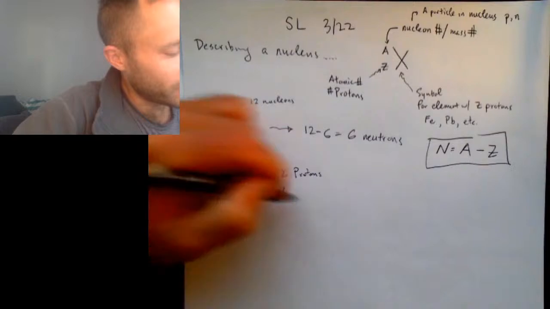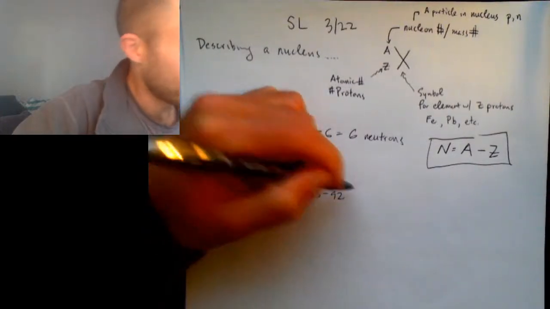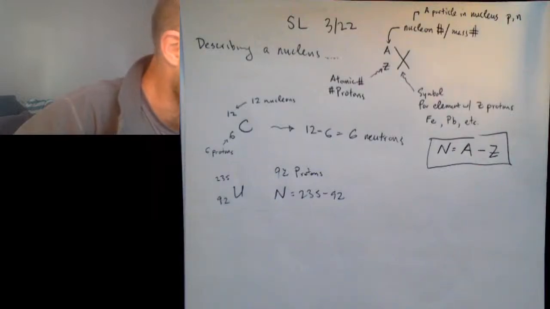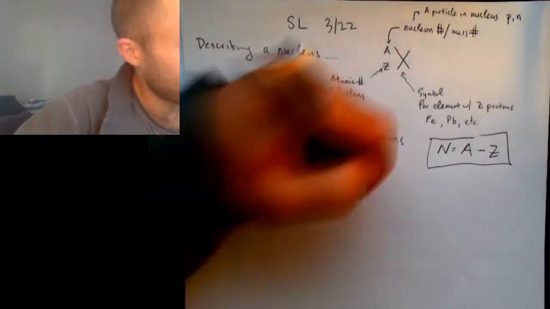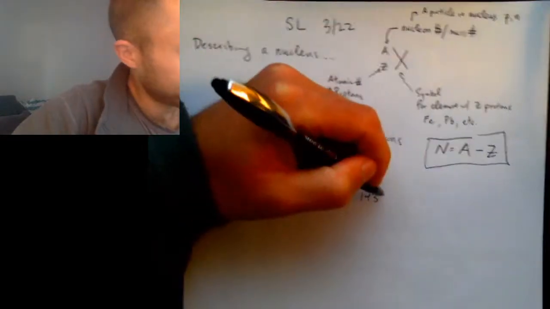And then it would have N equals 235 minus 92 equals what? 143 neutrons.